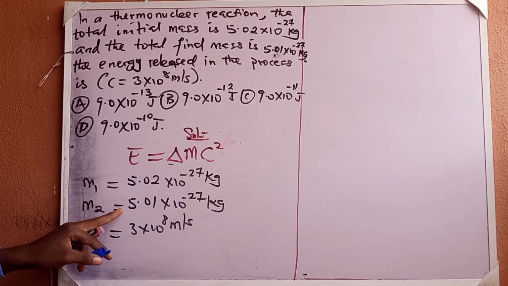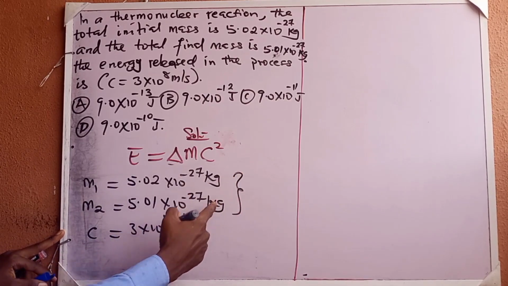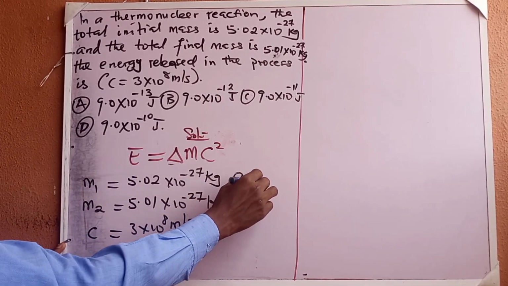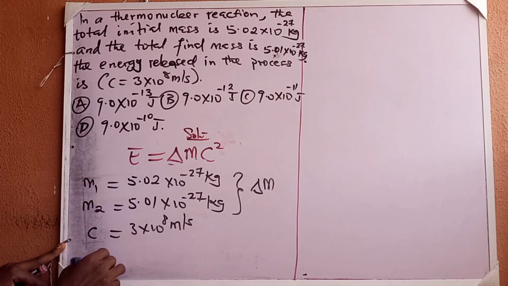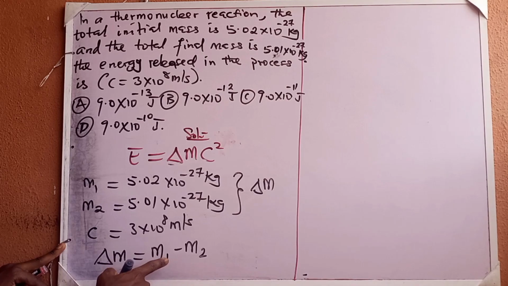So what we can get here is the mass defect. We use these two to get the mass defect, which is going to give us delta M. So delta M, the mass defect, is going to be M1 minus M2, because M1 is higher than M2.